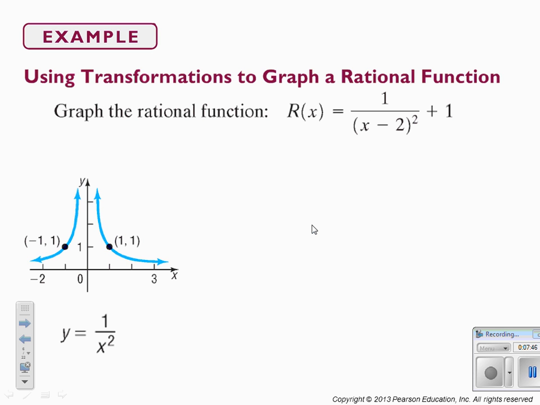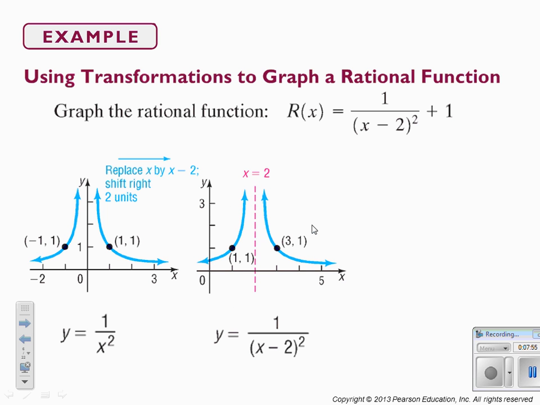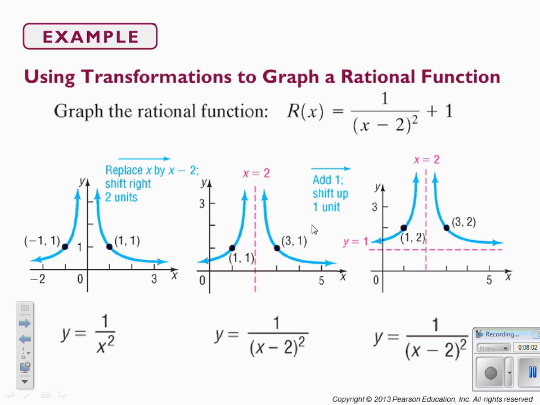So here's our original 1 over x squared. We're going to shift that 2 units to the right and 1 unit up. So it moves our entire asymptote from x equals 0 to x equals 2, and shifted my y asymptote from y equals 0 to y equals 1.